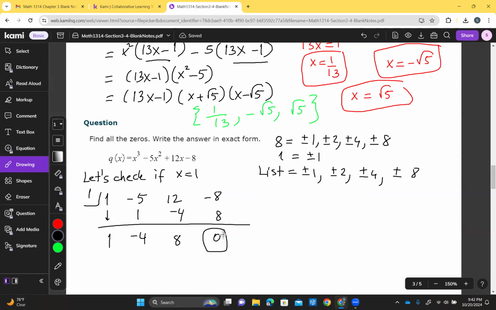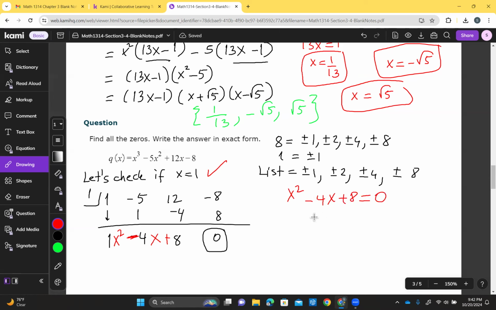Yes, here we go. I got the remainder of 0. So this is a confirmation that x equals 1 is a zero. So let's write the depressed polynomial. Since the question started with a cube, we get 1x squared minus 4x plus 8.